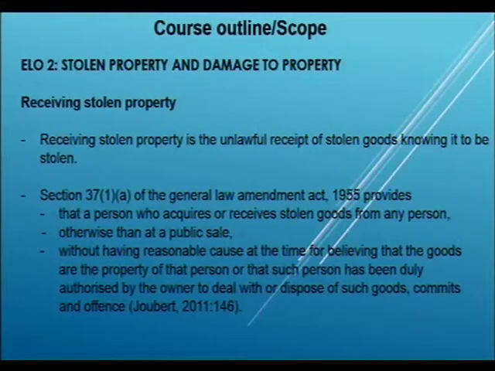Section 57, subsection 1A of the General Law Amendment Act 1915 provides that a person who acquires or receives stolen goods from any person otherwise than at a public sale, without having reasonable cause at the time for believing that the goods are the property of the person or such person has been duly authorized by the other to deal with or dispose of such goods, commits an offense.